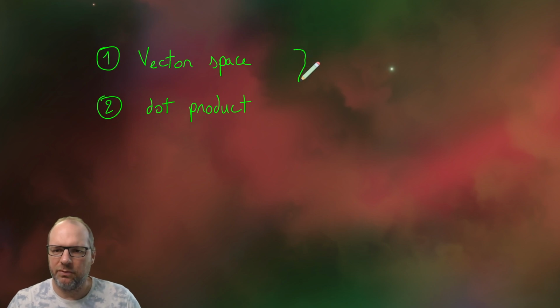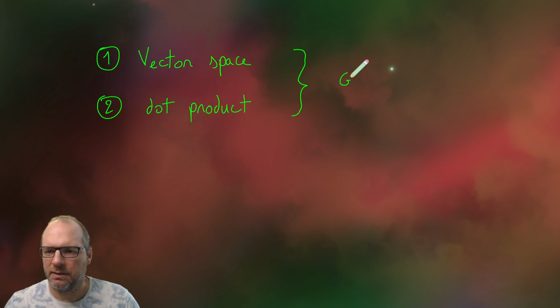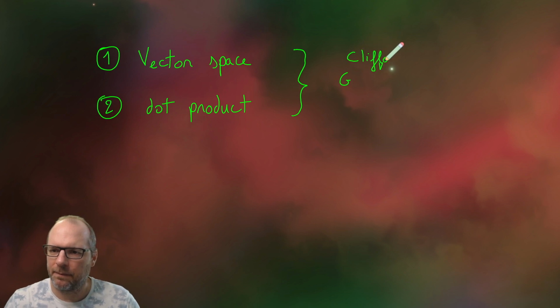If we have these two ingredients, we can construct the Clifford algebra, which is also called a geometric algebra.